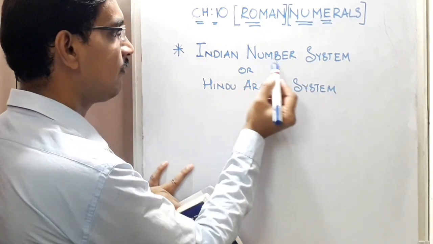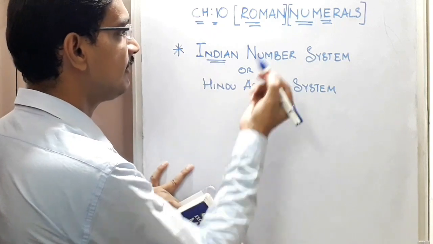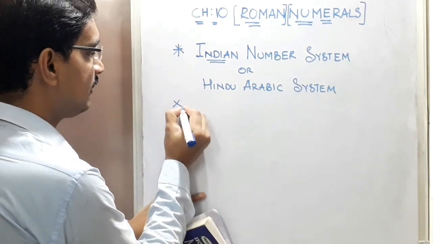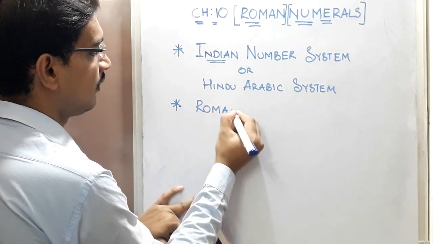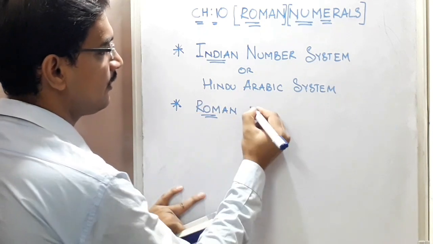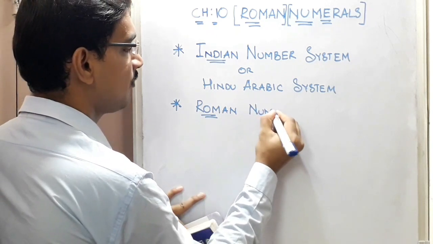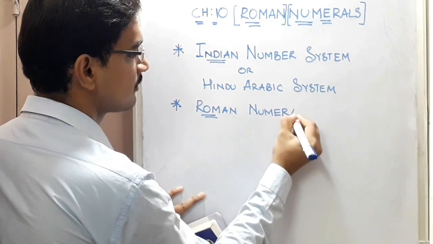So the system of numbers which Indians use is the Indian number system. Similarly, the system of numbers which Romans use is called the Roman numeral system or Roman numerals.